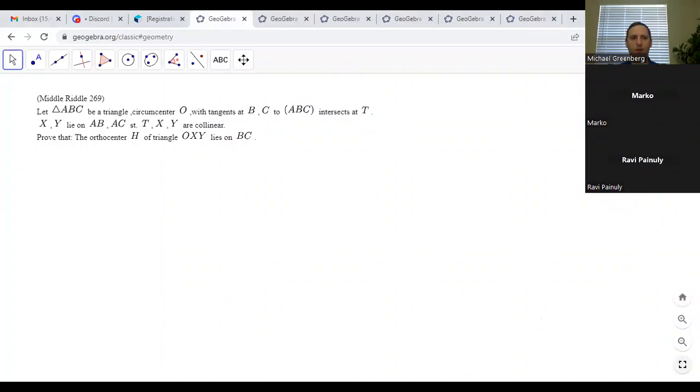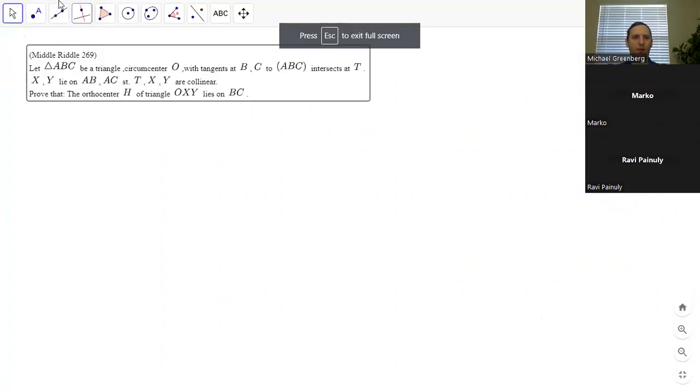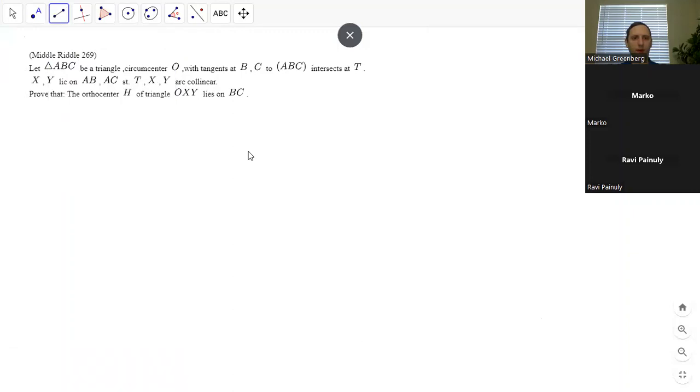There we go. Okay, so we have a triangle ABC, and then we draw the tangents at B and C. So it's kind of like a Semidian configuration.